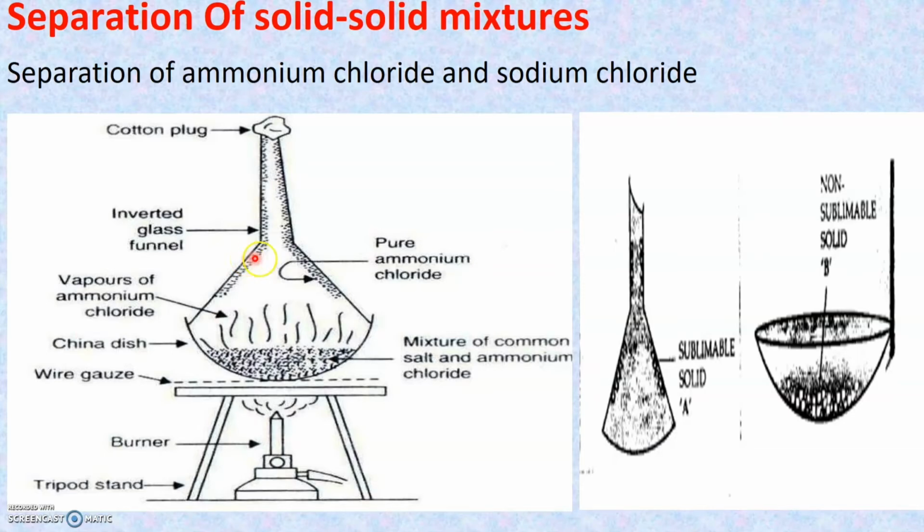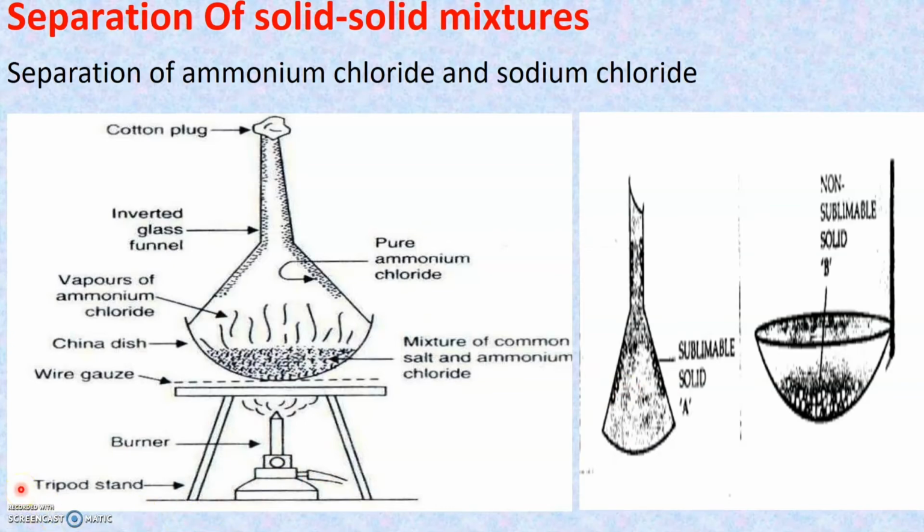And thus, the sublimable solid ammonium chloride can be separated from sodium chloride, which is a non-sublimable solid. Sodium chloride can be collected from this evaporating dish and the sublimable solid can be collected from this funnel. Thus, the substances in this mixture can be separated.